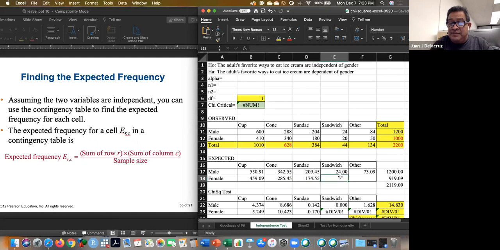Now we have the same, equal, parentheses, rows times column divided by sample size. And the last one is going to be rows times column divided by sample size.